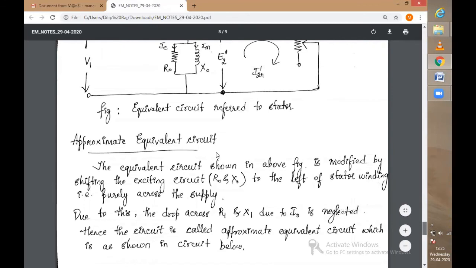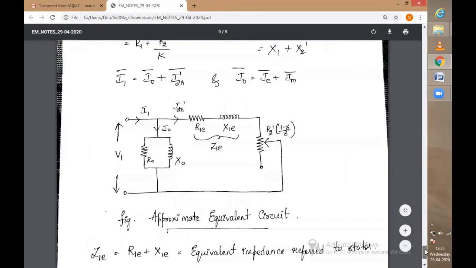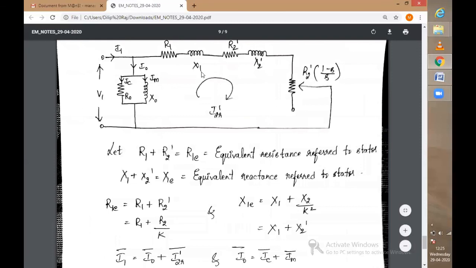Doing so, the equivalent circuit we get will be called the approximate equivalent circuit. Why? Because by doing so, the drop across R1 and X1 due to the current I naught is neglected. That is why it is referred to as approximate equivalent circuit, as represented here. So we are combining both R1, X1, because we have shifted the exciting circuit towards the supply.